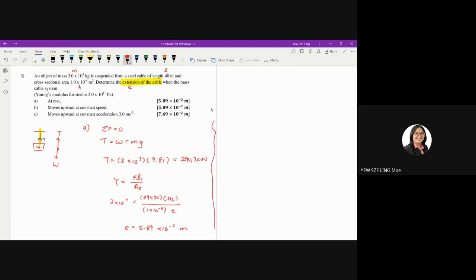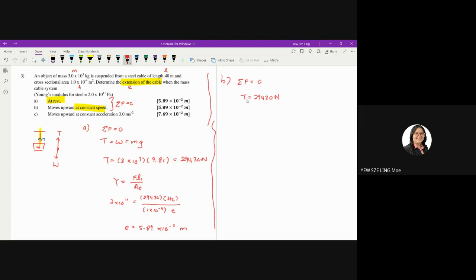Then how about question B? For question B, again, you have an object that is moving at a constant speed. So at rest and at constant speed, when you are given these two cases, it means we are going to apply Newton's first law. So for question B, since the summation of F is equal to 0, again my T would be equal to 29430 Newton.